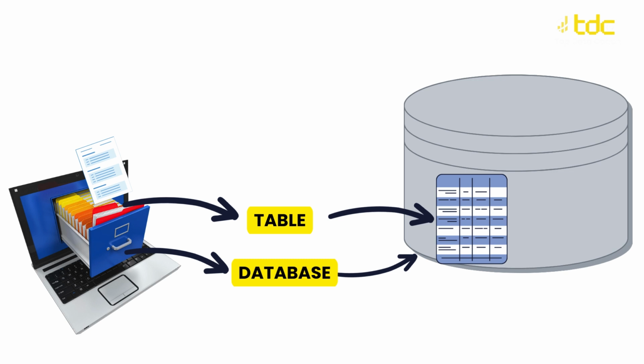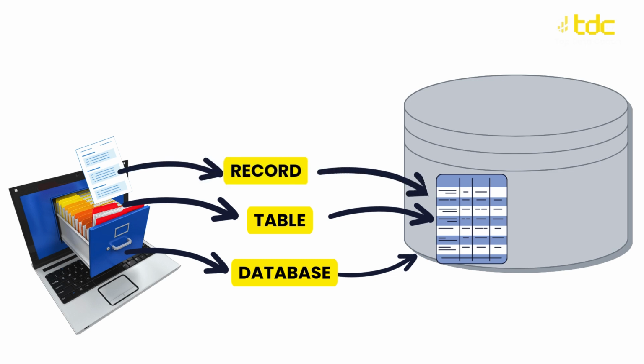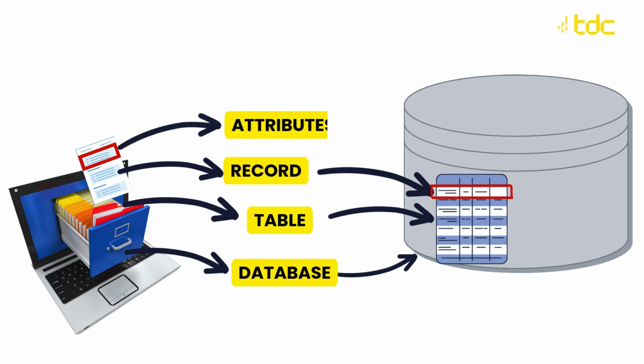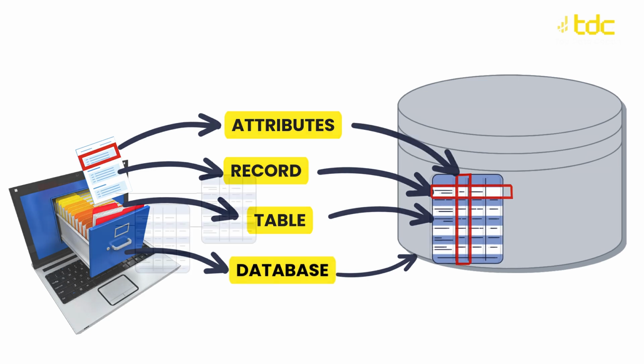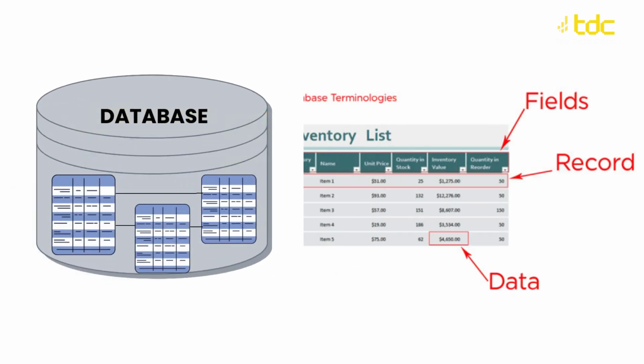The papers containing details which you are filing in becomes record, that is nothing but the rows of your table, which is also known as tuple. Fields on your paper like name, address, etc. becomes attributes, which are the columns of your table. So this is how the data is stored in your database.